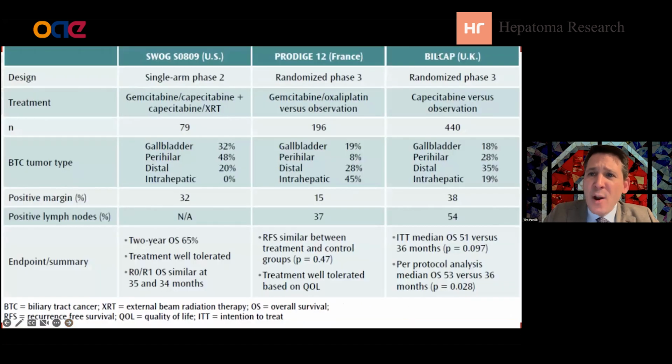And there have been several adjuvant study trials for biliary tract cancers, in particular the PRODIGE 12 trial and the BILCAP trial. The BILCAP trial, which involved only about 20% of patients with intrahepatic cholangiocarcinoma, was deemed to be a positive trial and showed a benefit for adjuvant capecitabine for patients with resected biliary tract cancers.